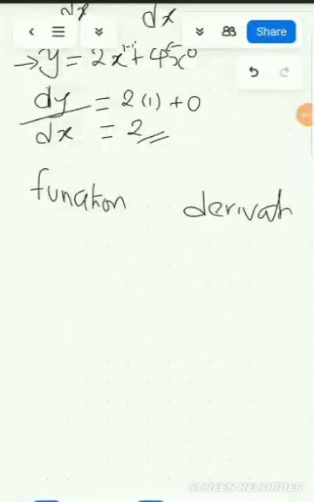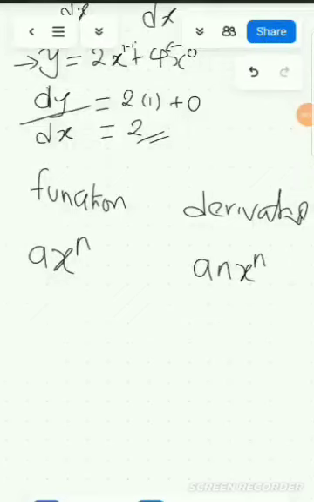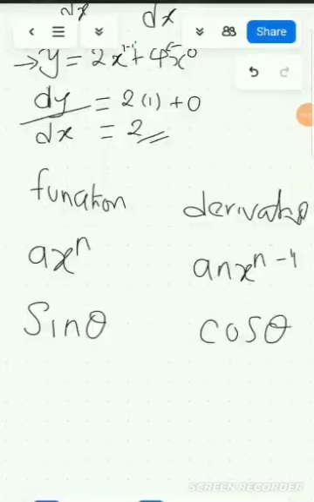So we said ax to the power n, this will be a n x to the power n minus 1. The second one we have is sine theta. This will be cos theta. Cos theta will be minus sine theta.